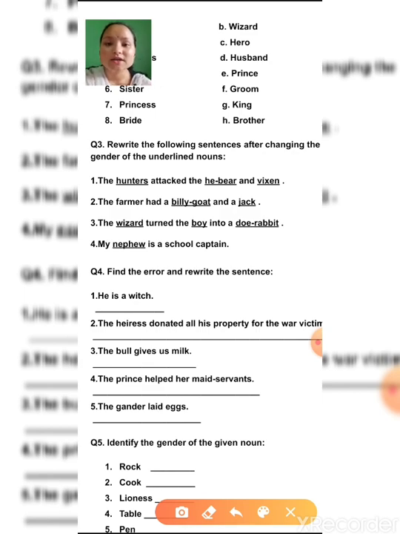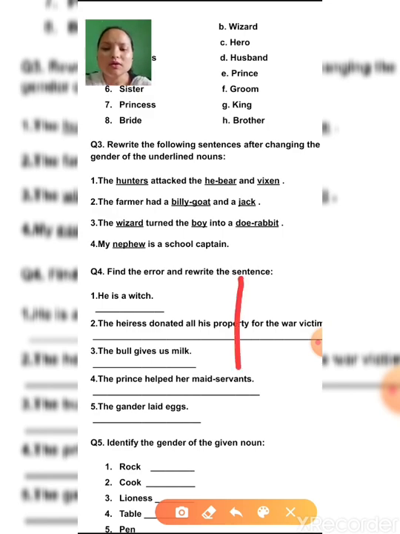Here wizard is masculine, and boy is also masculine. Doe rabbit is feminine, right? So instead of wizard what will come? Witch. The witch turned the girl into a buck rabbit. My nephew is a school captain. Nephew is masculine. What will come? Niece. My niece is a school captain.